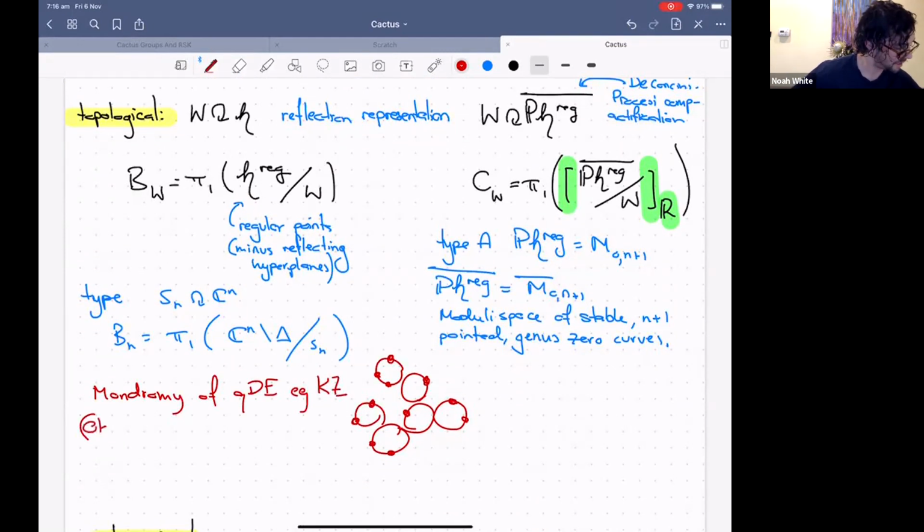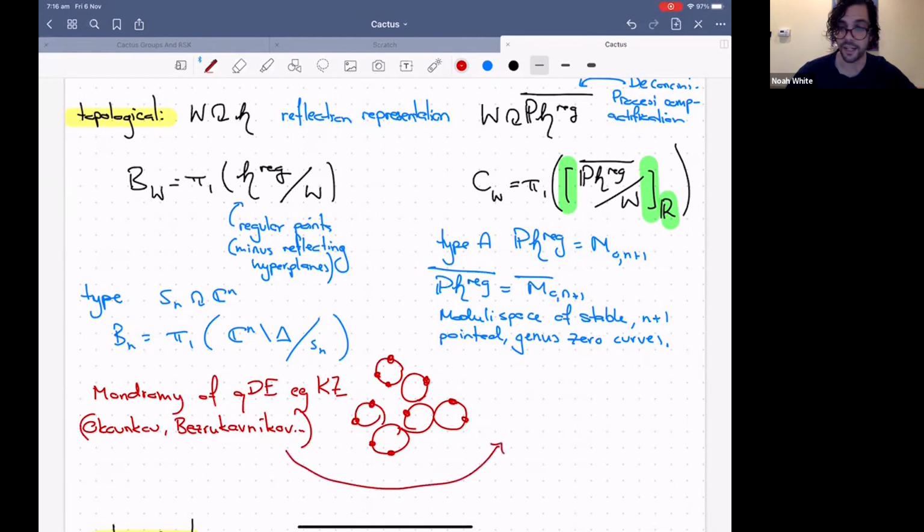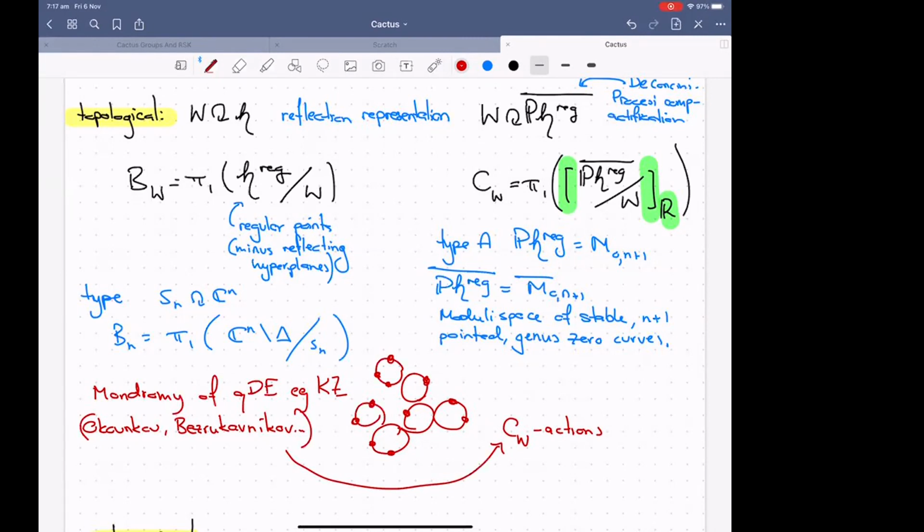And here you can look at work of Kunkov, Bezrukavnikov, Kapranov, and more people. And there's an idea, worked out in some cases, that this should give you cactus group actions, kind of as the asymptotics of the monodromy of these differential equations, in some precise sense.